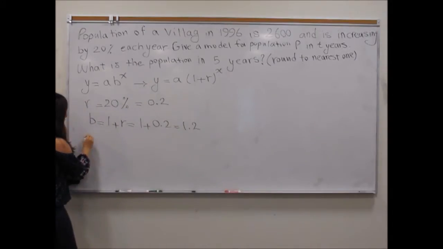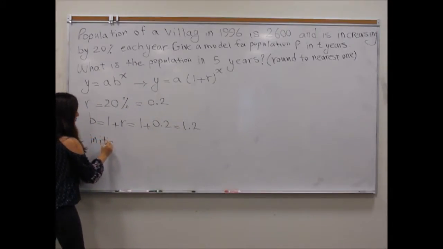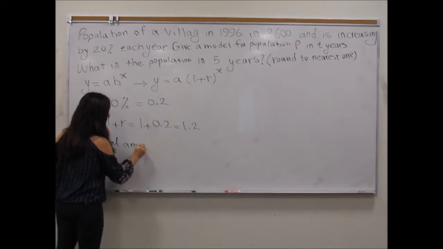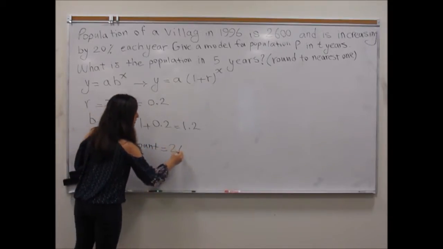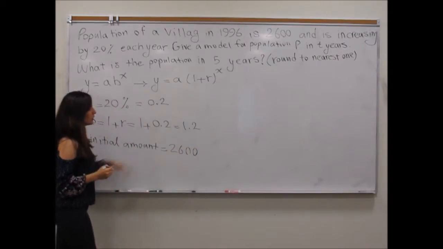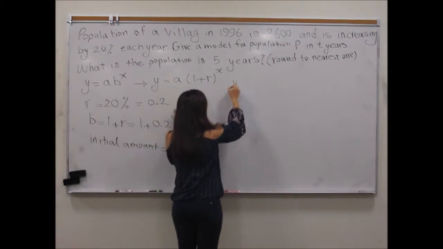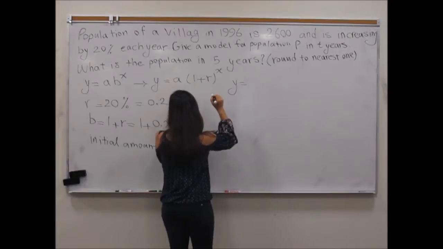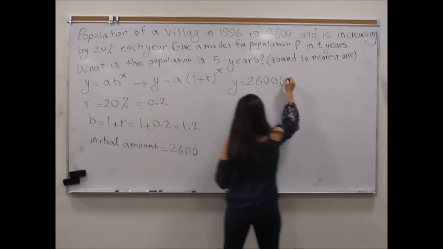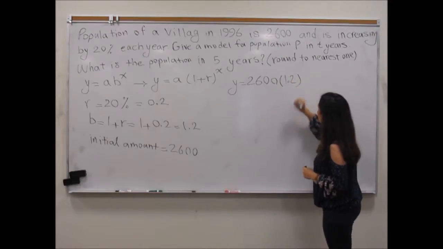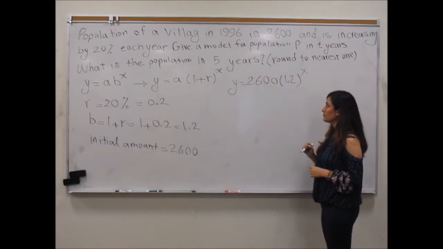And the initial amount, or A, is just 2,600. So what do I have? Y equals 2,600 times 1.2 to the x.